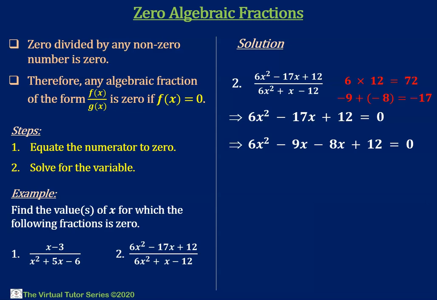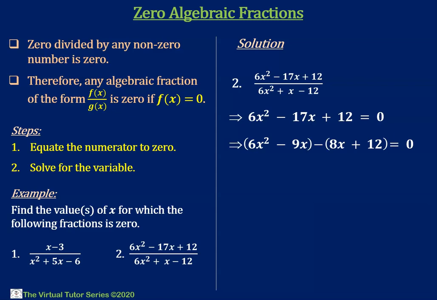We then put the first two and last two terms on the left-hand side of the equation in brackets and factorize them separately. The common factor of 6x squared and negative 9x is 3x.